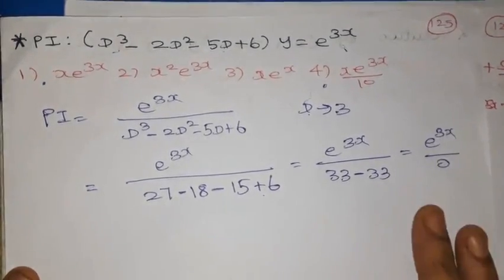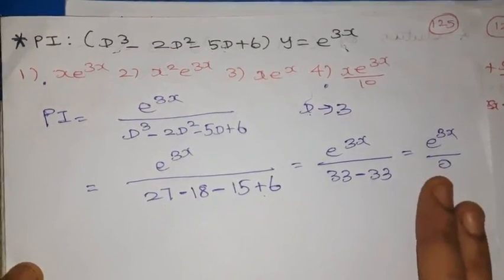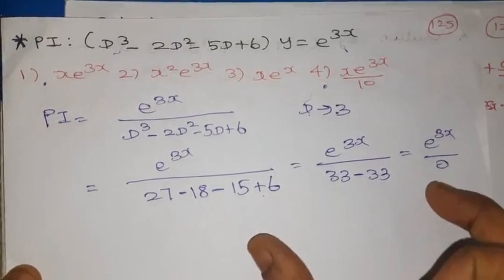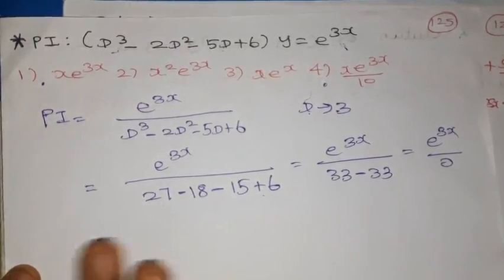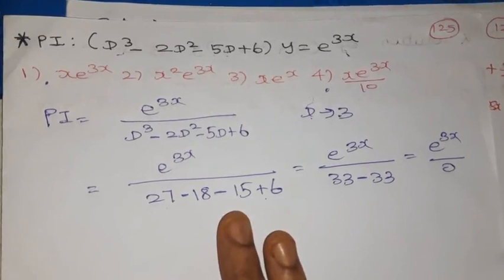Whenever 0 comes in the denominator, in general, what is the value? It is infinity. It should not be infinity, it is absurd. So we need to do one substitution.